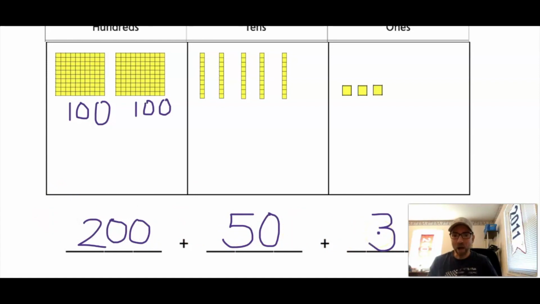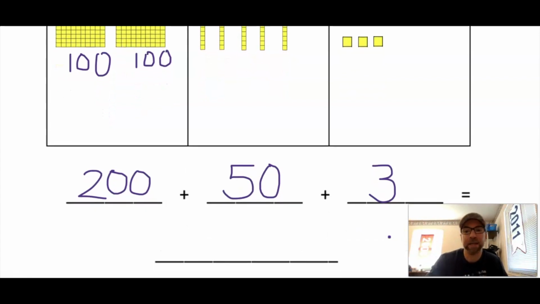253. Wow, I can hear the number. 253. On that very bottom line is where we're going to write the answer to the number that we made with our base 10 blocks. 253.